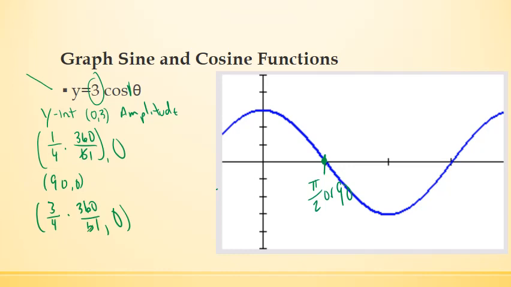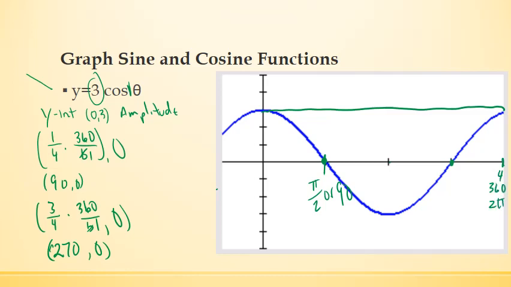Again, b is 1, so 4 going into 360 is 90, times 3, so it's going to be 270, or 3 pi over 2. If this is 90, then that's 180, and there's 270. We see another x-intercept. And our period, of course, is going to be 360. As we go from here out to here, that would be 4, or 360, or 2 pi. And there we've drawn that graph.